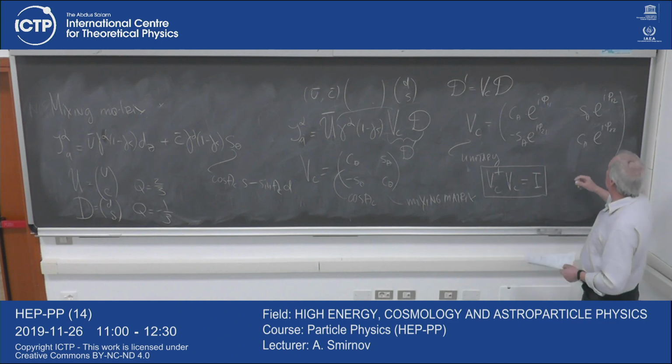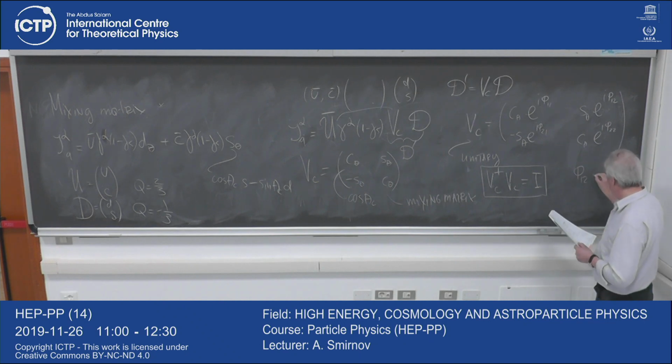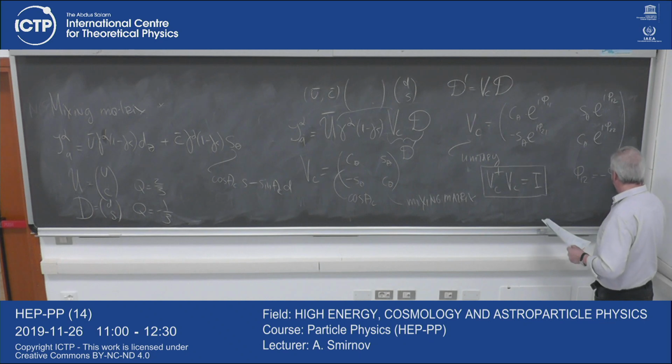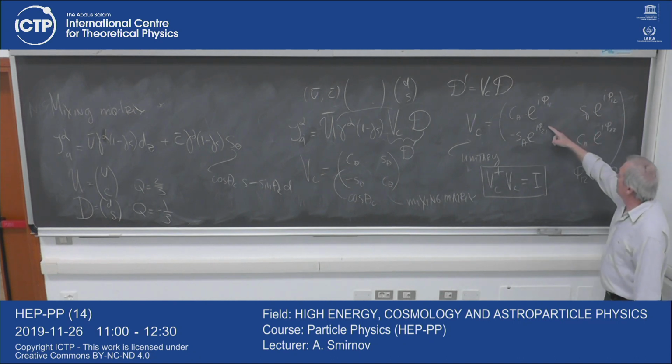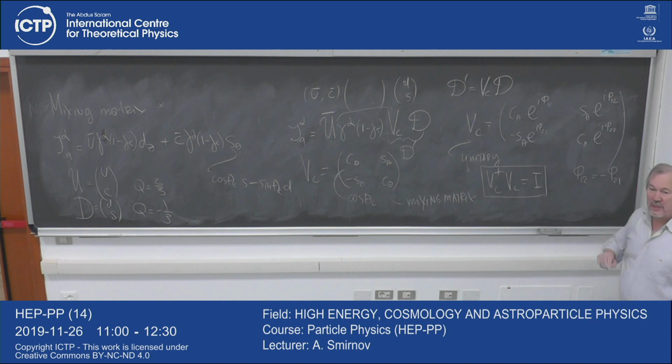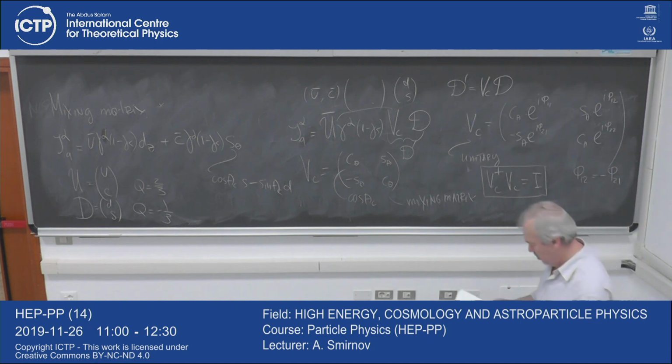And then to have this unitarity, and you will check this, you need to have F12 equals minus F21. So it gives one condition. In this case, unitarity imposes one condition, which tells us that these two phases should have opposite sign. So this is what unitarity gives.